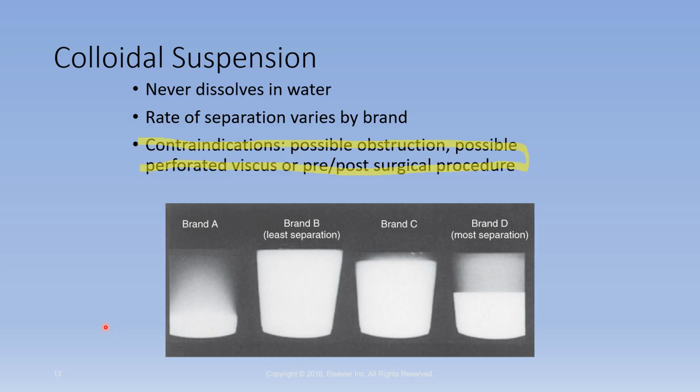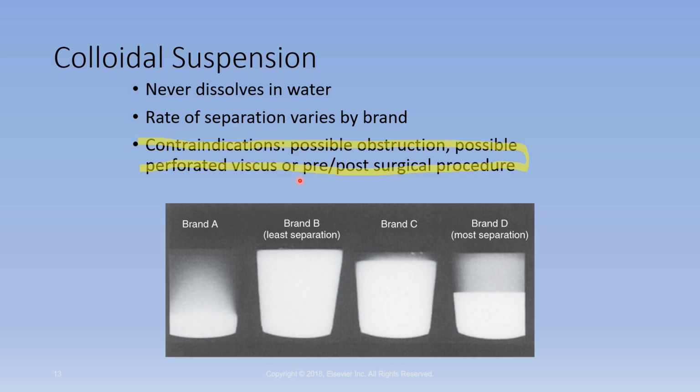Okay, so there's three. The contraindications or the reasons to not use it would be a possible obstruction, a possible perforation, or if they are having or had surgery within the last 48 hours.